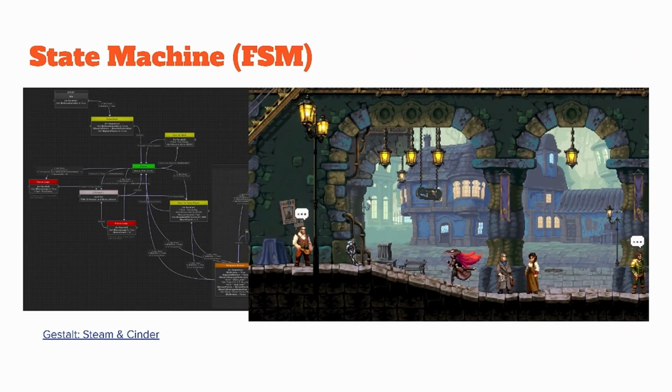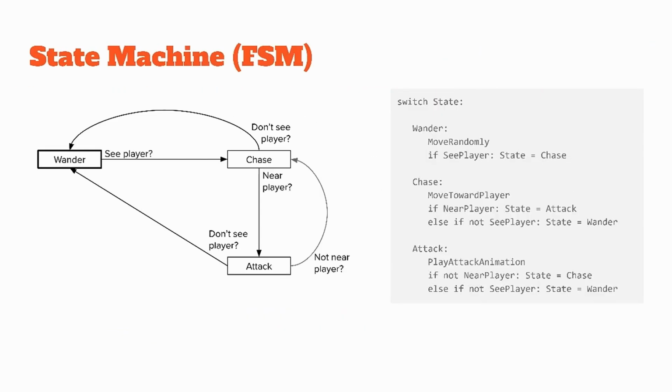So the next type of AI, and probably most people have at least heard of this, if not implemented it all over the place, is the state machine or finite state machine. Here's an example of a state machine on the left for a game called Gestalt, Steam, and Cinder. And the idea behind a state machine is that the agent is in one state, a finite state, and it can switch between these different states, which define different behavior that the AI is doing.